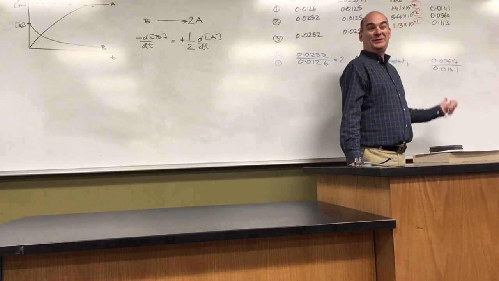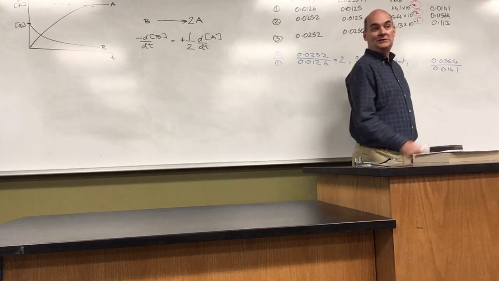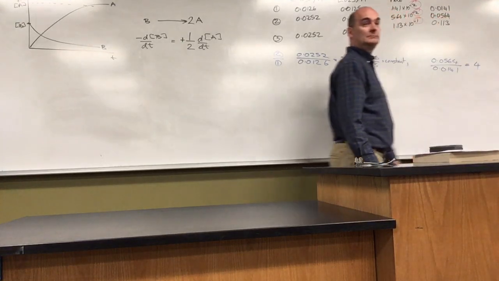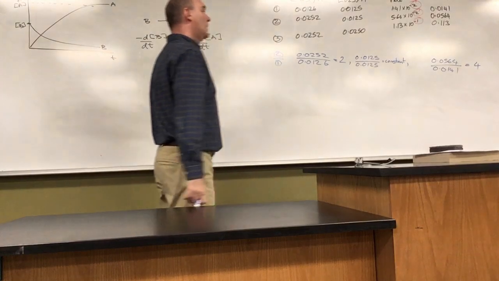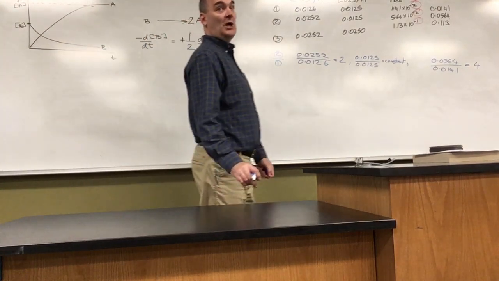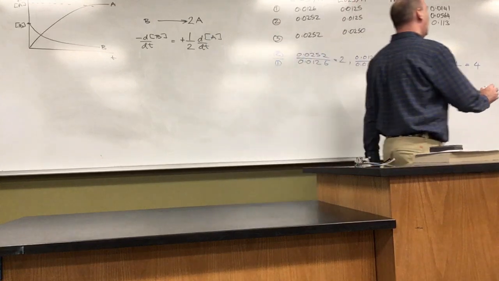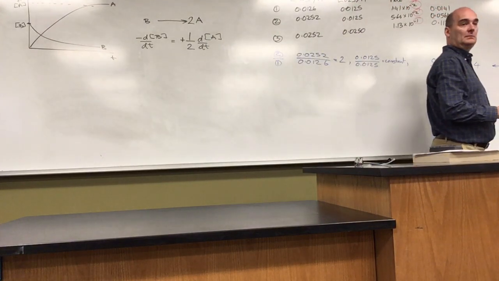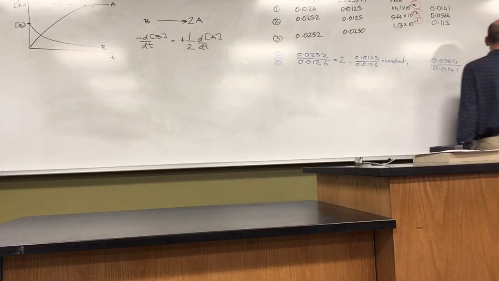But 2 times 28 is 56. So that's times 4. Okay, I have doubled the concentration and found a 4 times increase in rate. What does that mean? That's second order.